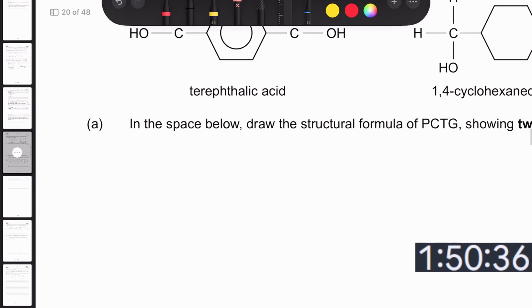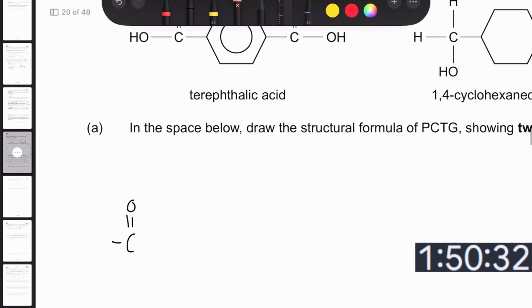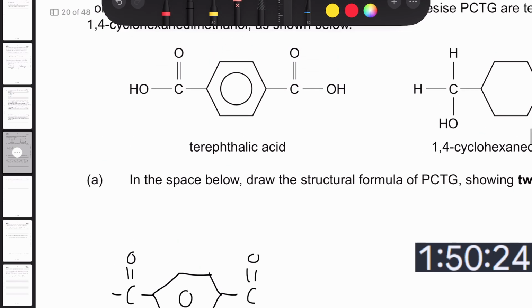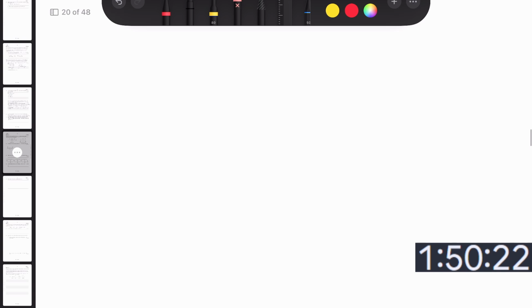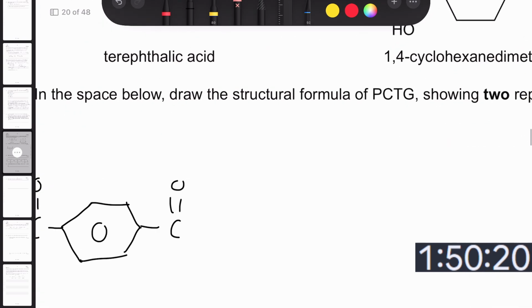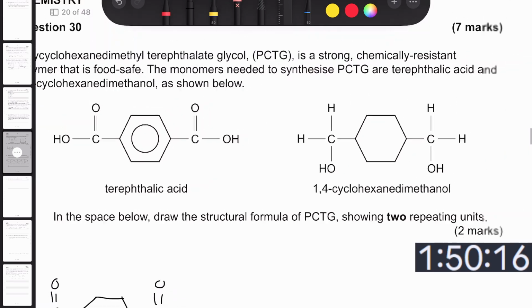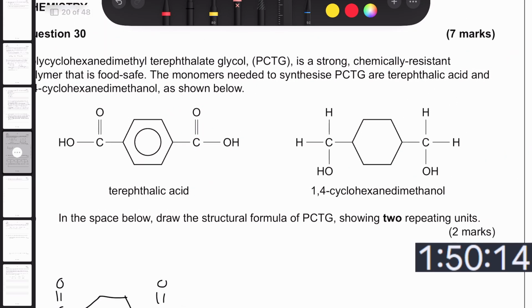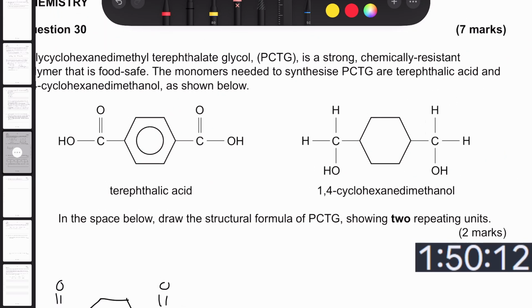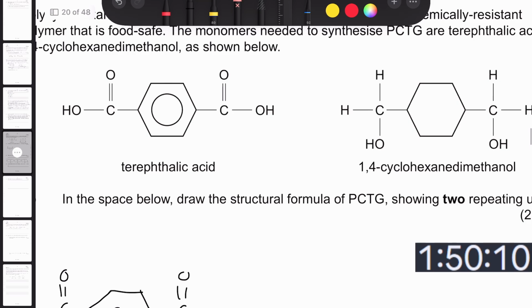So here, I'm going to have the C, O, and benzene, C, O. And here, terephthalic acid.